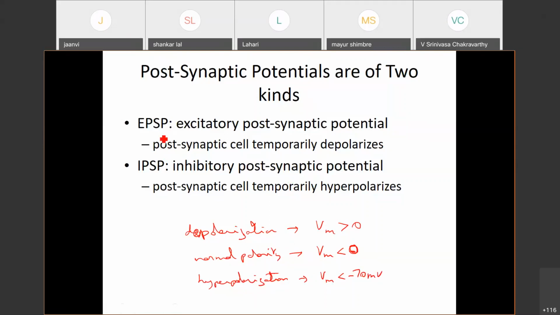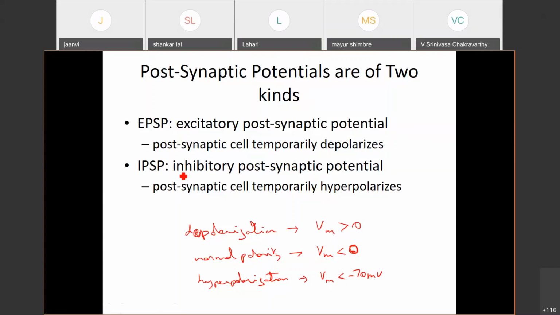So all deviations are described by taking this -70 as the reference, right? If a voltage is taken to values greater than -70, there is a positive deviation, an excitatory postsynaptic potential. If the deviation is less than -70, then it's inhibitory. So we take this baseline value, let's say -70, as a reference and describe with respect to that.